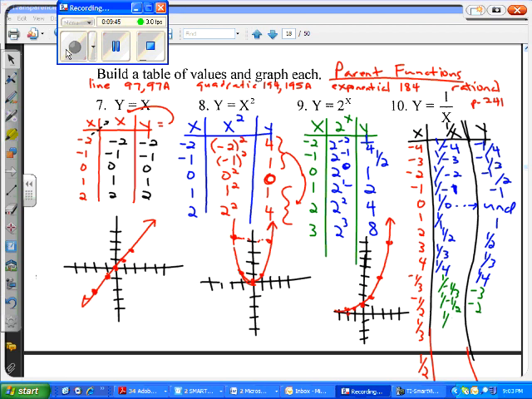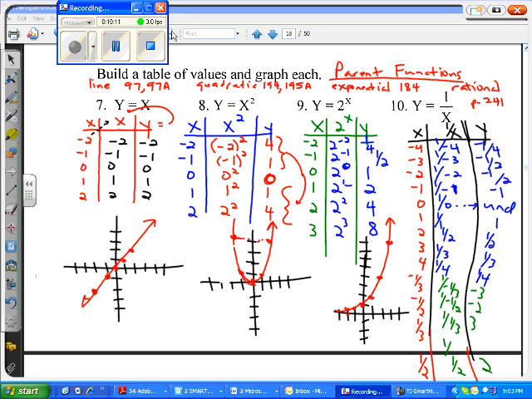Same, 1 divided by 1/3 would be 3. 1 divided by 1/2 would be 2. And so we have just a gob of points. And I'm going to erase some of this other stuff or white out over it just so we can get a look at that rational.